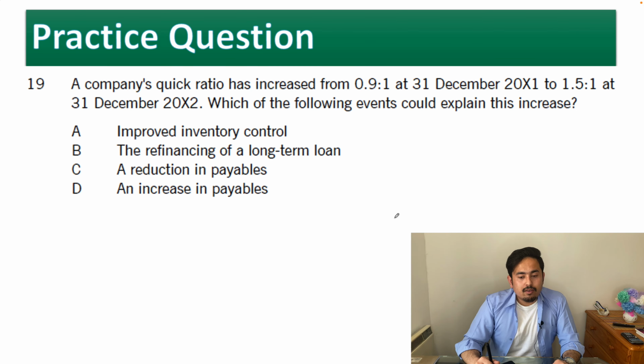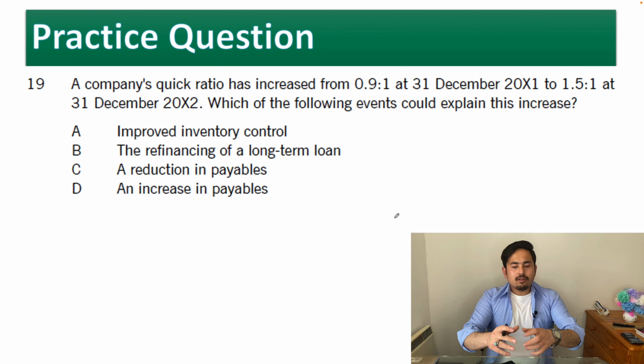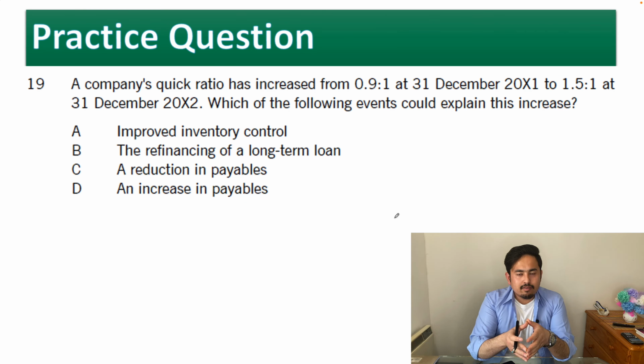The second one, the refinancing of a long-term loan. Is this related to short-term assets and short-term loan of the business? So what does it mean by long-term loan here? Is there any effect? No. A reduction in payables and an increase in payables.